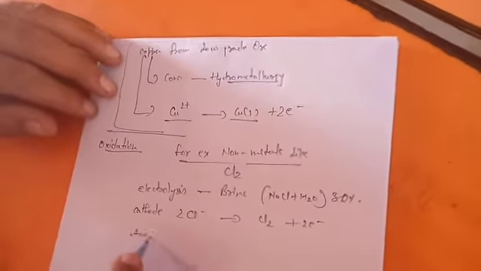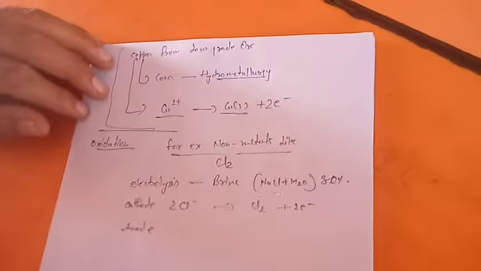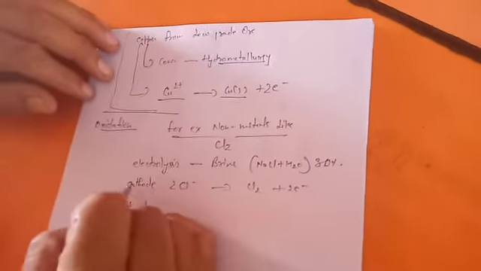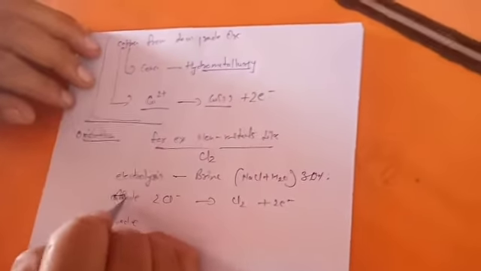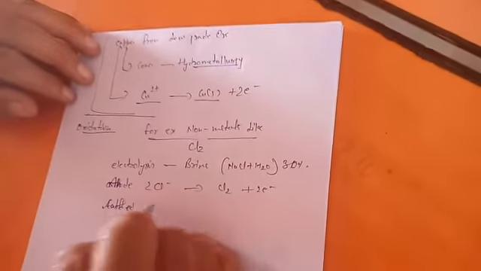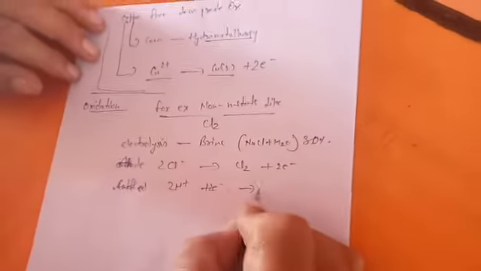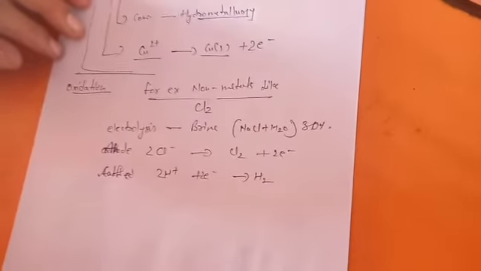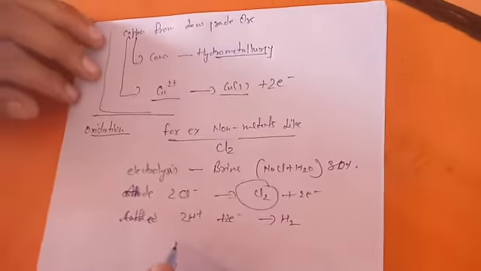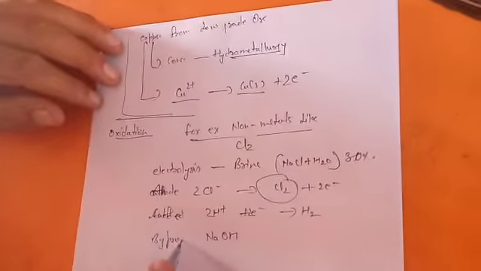And this reaction will perform in this case. And at cathode, hydrogen ions, H+, by gaining the electrons, get converted into hydrogen gas. So the whole process is happening, chlorine, and the byproduct is NaOH. This is the byproduct.